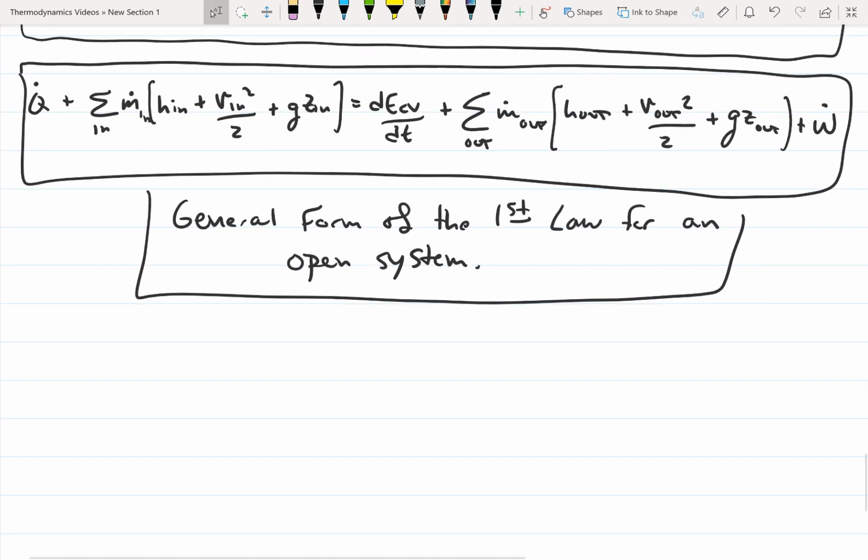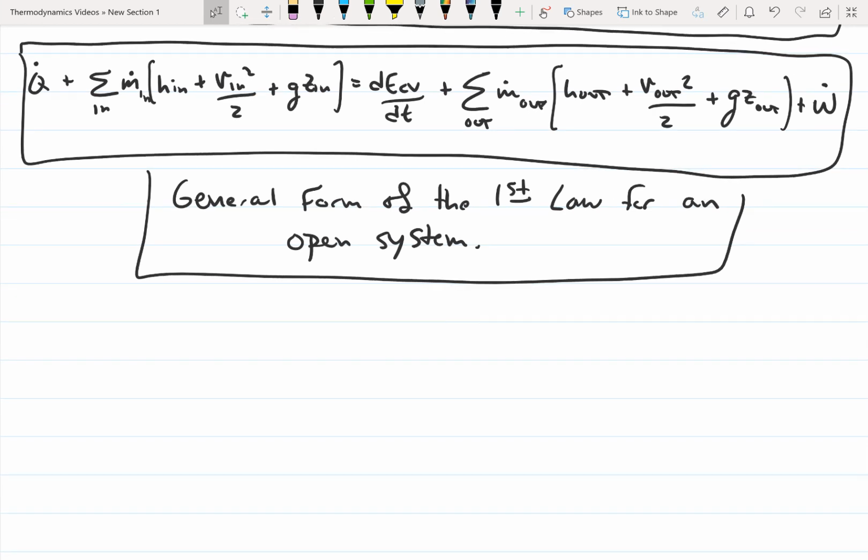And this is only one form of the equation. There are other forms of the equation, so you'll see this equation written different ways. So just try to recognize what the different terms are, and every way that you see it written should basically be the same equation. You'll just see it written different ways.